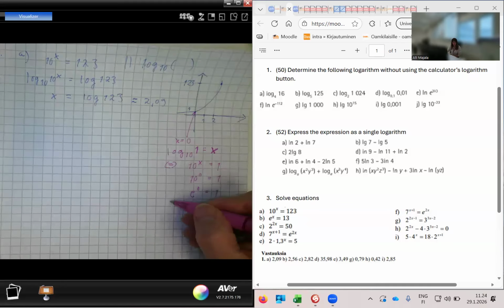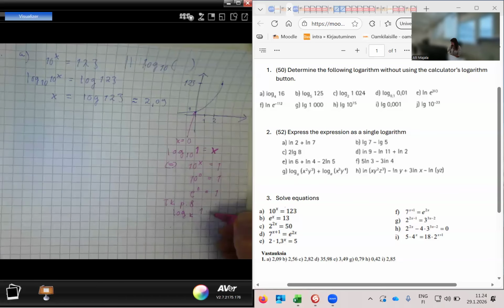So you have it there. Page 8, and it looks like log, to get 1 the exponent needs to be 0.